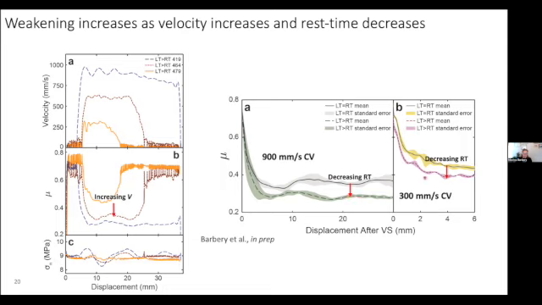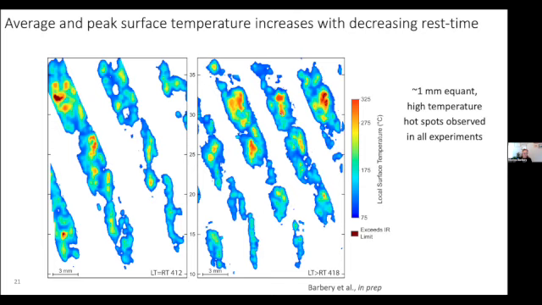which is great. From this thermography, we again see that temperatures are inhomogeneous. We still develop these 1 millimeter squared equant hotspots in all of our experiments, all the velocity paths we used, all the different peak velocities we used. So that was interesting.